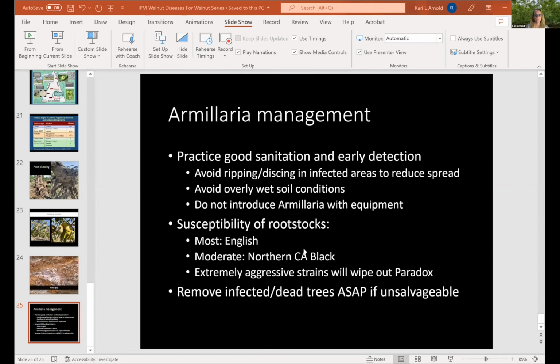Okay, I'm going to go ahead and end the poll in 3, 2, 1. We'll share results. Yes, the answer is Agrobacterium tumefaciens. That is the causal agent for crown gall in walnuts. Fun fact, it's Agrobacterium vitis in grapevines. And we'll go to the next question.